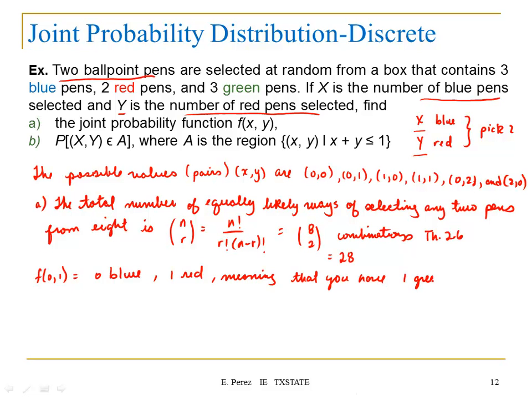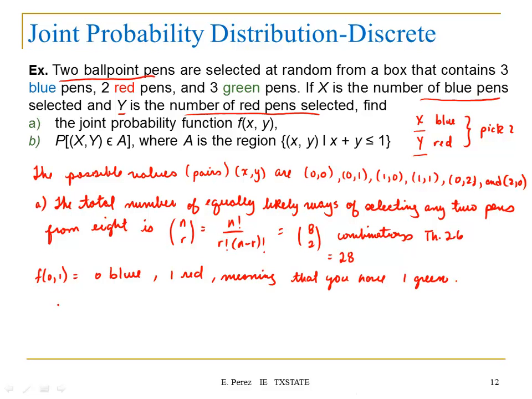So if your random variable is (0, 1) and you're selecting 2, that means you have 0 blue and 1 red, but that also means you have 1 green. Because you are selecting 2, and only one satisfies those random variables, the other one is coming from the complement of the sample. So you have another ball pen which is green.